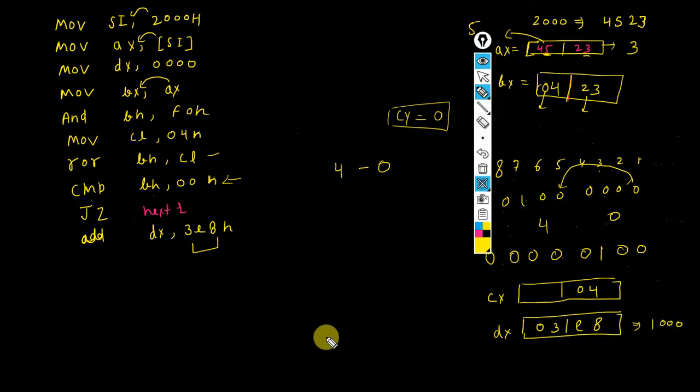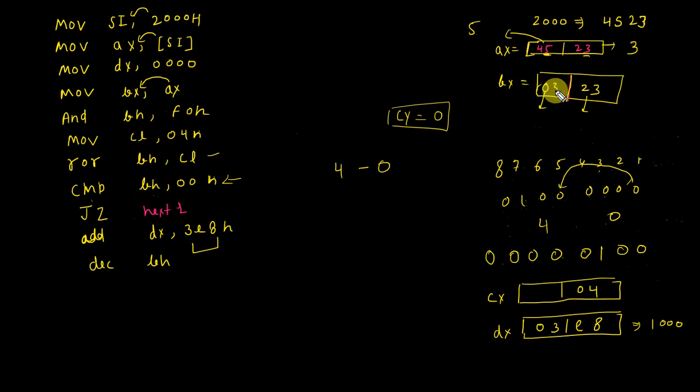Okay, and move to the next instruction, DEC BH. DEC BH means decrease this BH value by 1. So after the execution of this step, the BH value is 03.